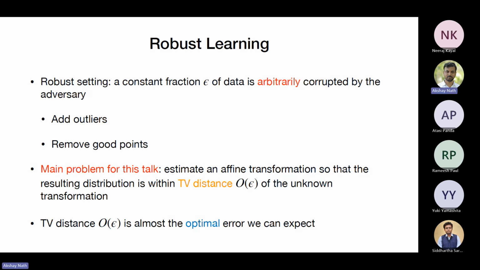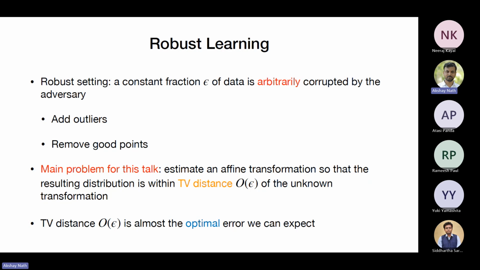I say that this O(epsilon), or linear epsilon, is the optimal error because you can imagine that the adversary can modify an epsilon fraction of points. So what they can do is just replace our cube with another cube at TV distance epsilon. The sample will look exactly like it is from that cube, but it actually creates epsilon TV distance error.